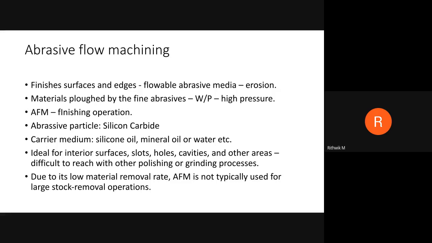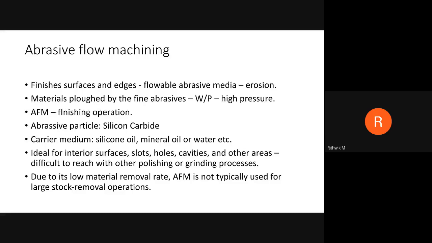Initially we said that this is one of the types of nano machining or micro machining operations. So we know the material removal rate will be small, or the material will be removed at an atomic level, or a layer of atoms will be removed, like in diamond turn machining. Here also the same thing: the material removal rate is low.